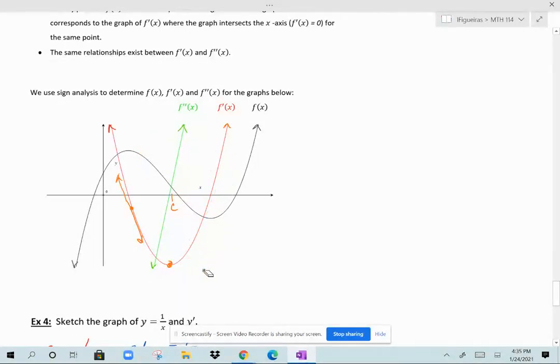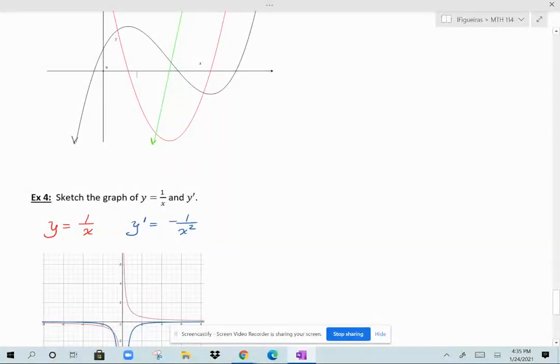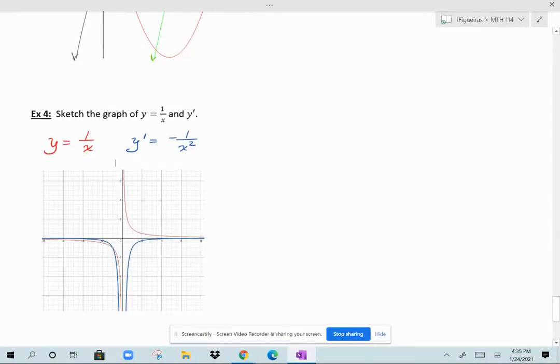So let's look at another example where we're doing a sign analysis. Sketch the graph of 1 over x and y prime. So the first derivative of 1 over x is negative 1 over x squared. So let's say y is in red and y prime, its derivative, is in this darker blue.